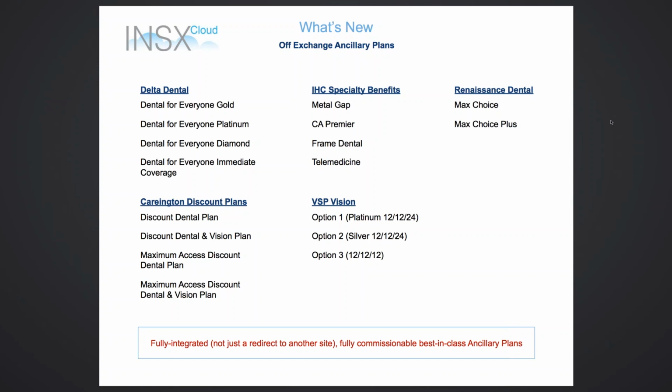You're not required to write these ancillary policies, but they're available to add to the application with just a click. There's no second app, no second website. It's a truly integrated solution so that you can ask the customer if there's an interest in this additional line. If there's not, you move along. There was no time wasted. If there is, it just means checking a box to add this additional line. You'll see these ancillaries available along with the on-exchange medical quoting.